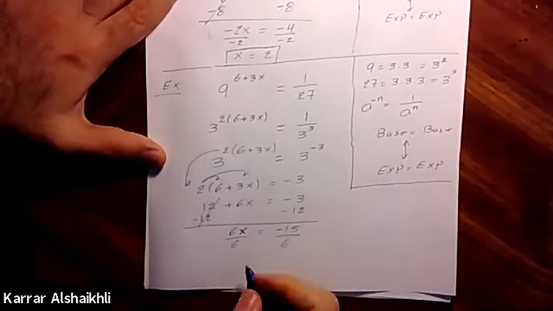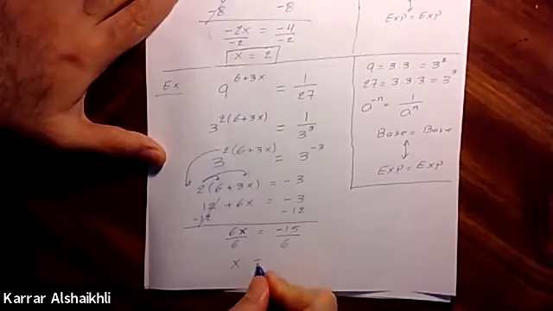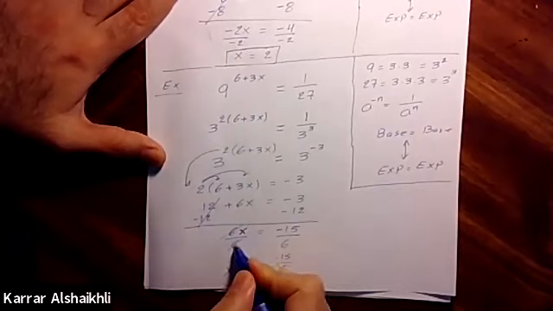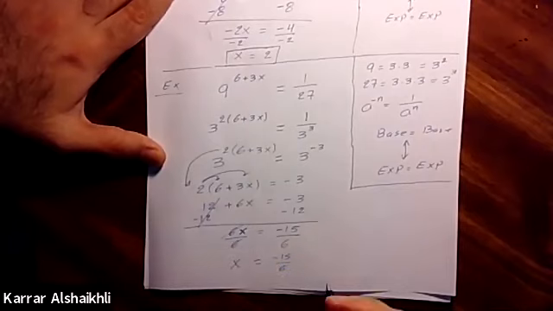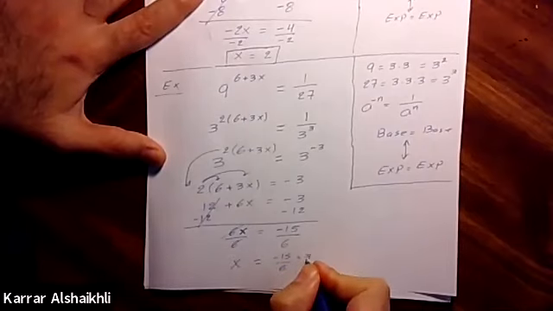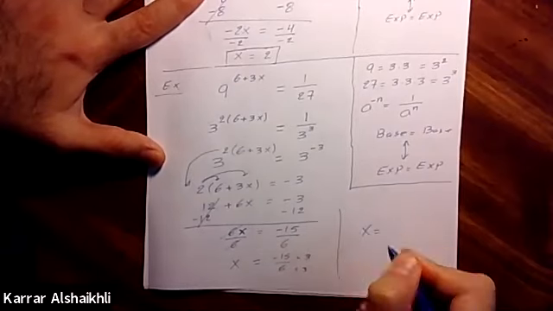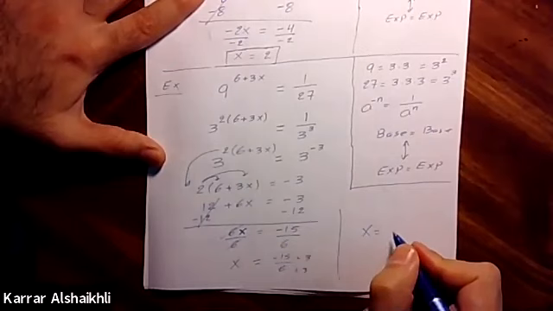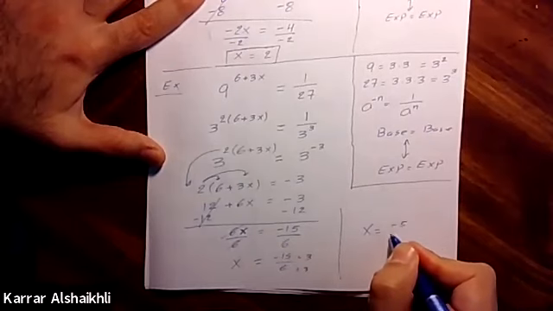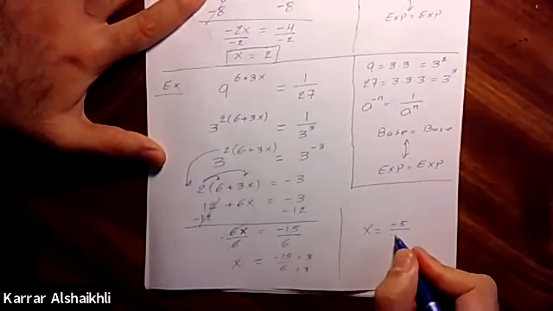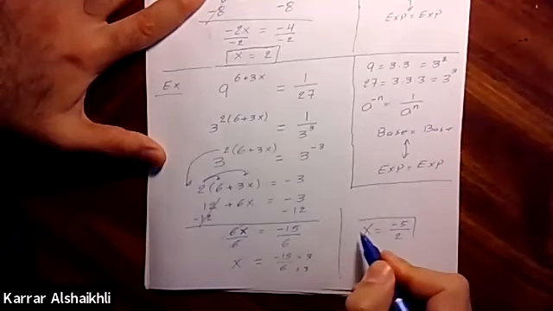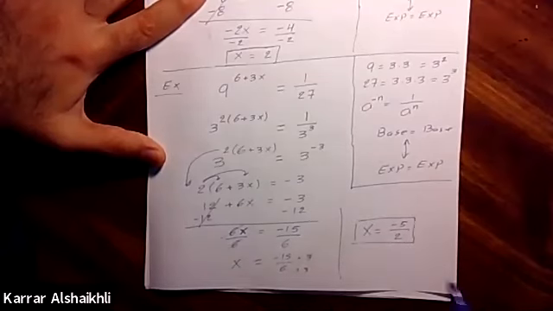So x equals negative 15 over 6. Can I simplify it? Yes, you can simplify it by dividing both by 3. So x is going to be negative 15 divided by 3, which is negative 5, over 6 divided by 3, which is 2. This is the final result.